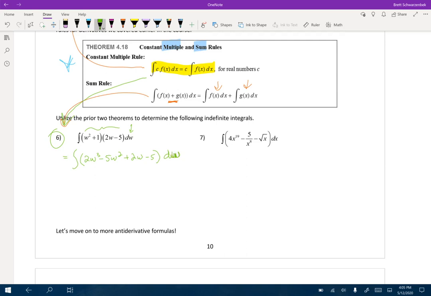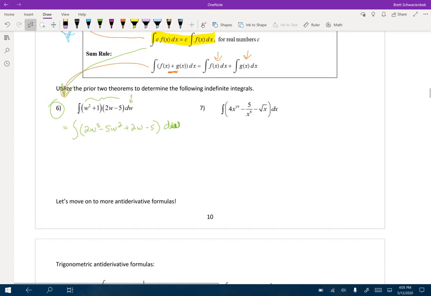So now what we have is a polynomial. Just like we could find the derivative easily of a polynomial, we can find the antiderivative easily of a polynomial. I'm going to write all this out because I want to show you how the rules work, but realize eventually you're going to be doing this very quickly and in your head. According to this, if we have the sum and difference of a bunch of functions, we can pull them apart so they're individual.